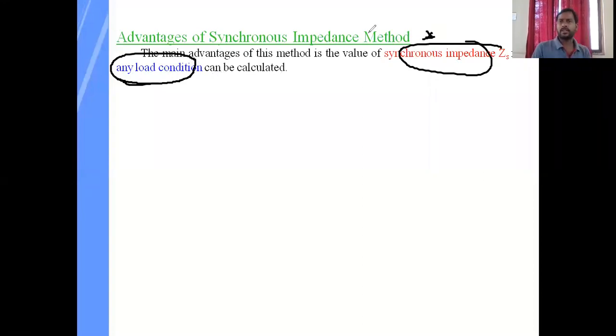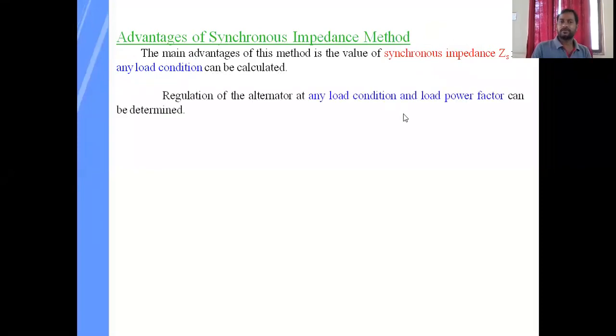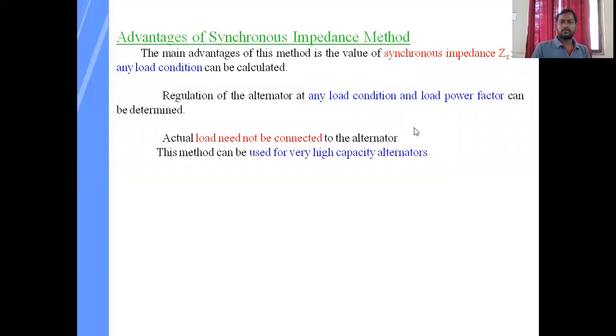So at any load we can find the synchronous impedance, which means at any load condition we can find the voltage regulation, and at any power factor also we can find the synchronous impedance. Here the actual load need not be connected, nothing but actually no need to connect the load. And also this method is used for high capacity alternators.